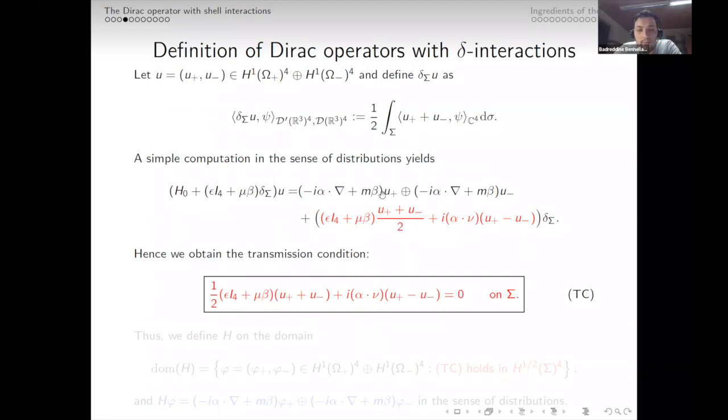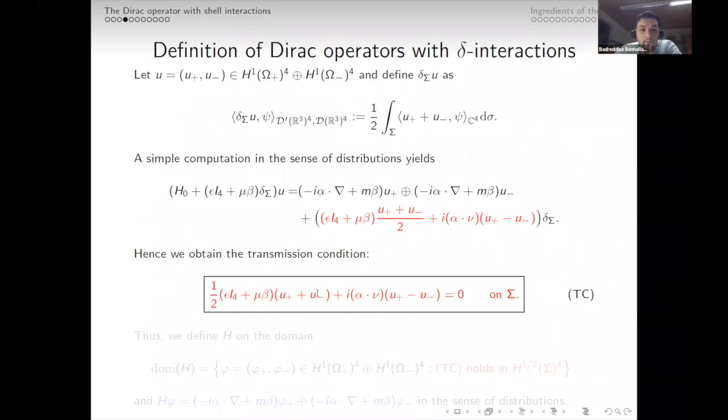This is the term which comes from the Dirac distribution, and this one comes from the action of the free Dirac operator. So in order to ensure that this is in L2 of R3, we need this quantity to vanish on the boundary. I notice that we have both u plus and u minus, and this is called the transmission condition.